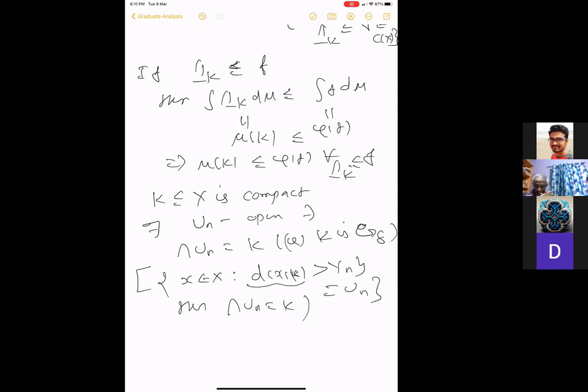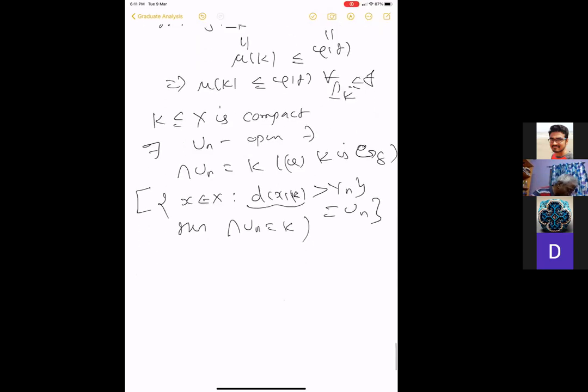This is fine. In fact, define f_n of x equal to d(x,K) divided by d(x,K) plus d(x,U_n complement).